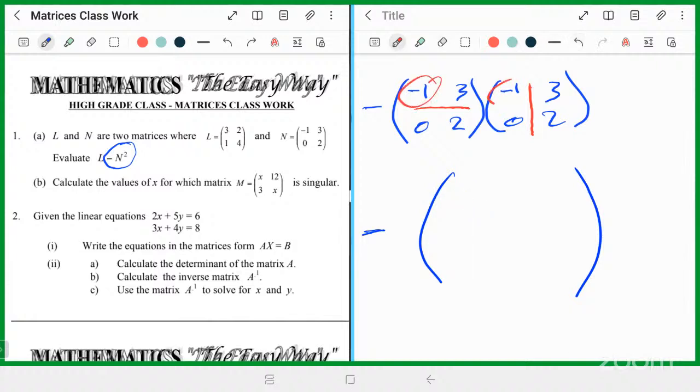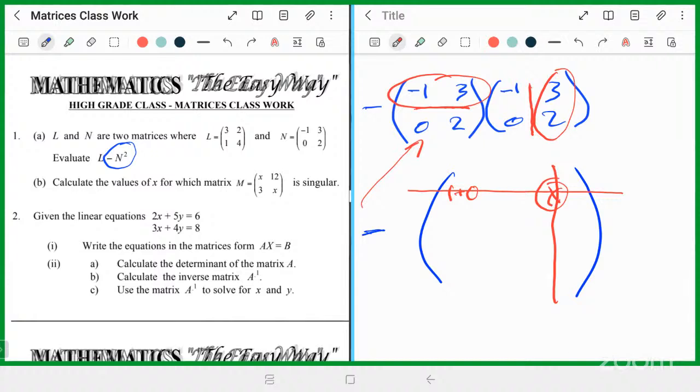-1 times -1 is 1, and 3 times 0 is 0. That is it for the first value. Then the next value is positioned in the first row and the second column, so you multiply the first row by the second column. You always take the rows from the first matrix and the columns from the second matrix.